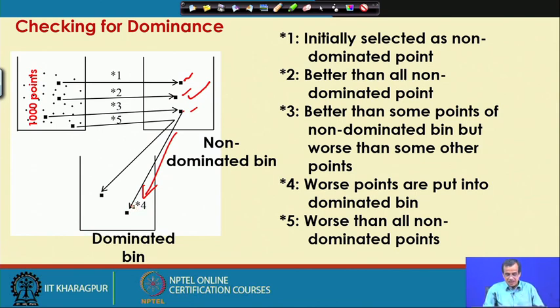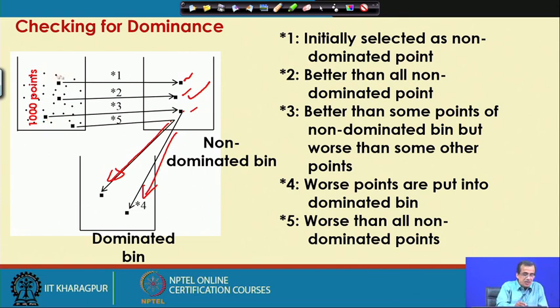Now, there could be another possibility that a particular solution selected from the initial bin is worse compared to all the existing non-dominated solutions here. If that is the case, then that particular solution will be put in the dominated bin, and this process will have to repeat till we consider all 1000 points.